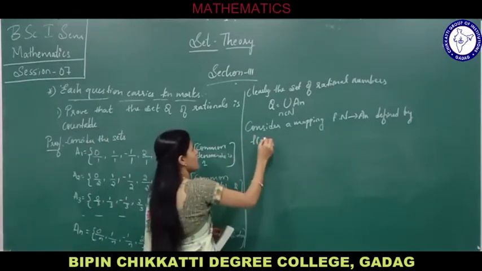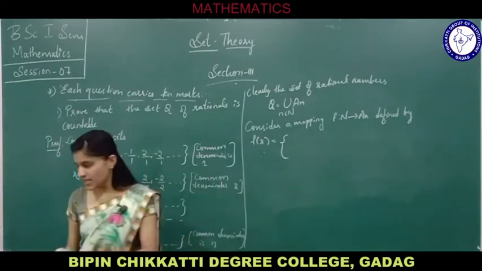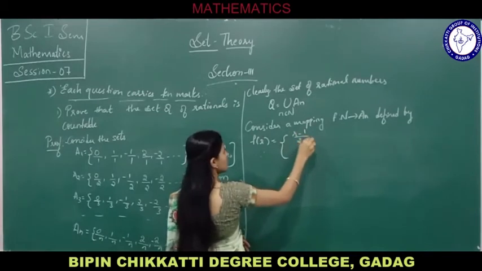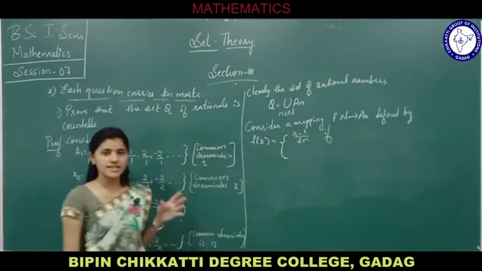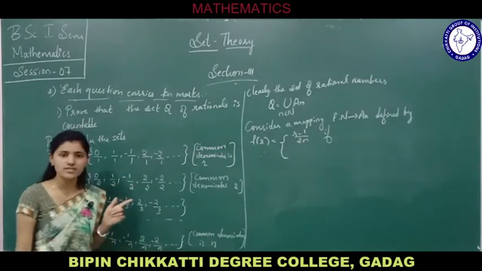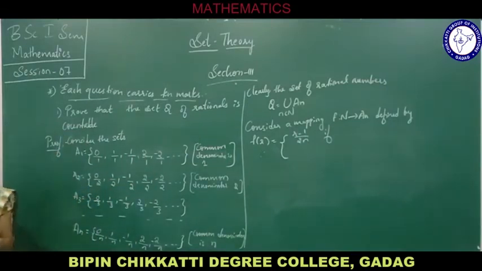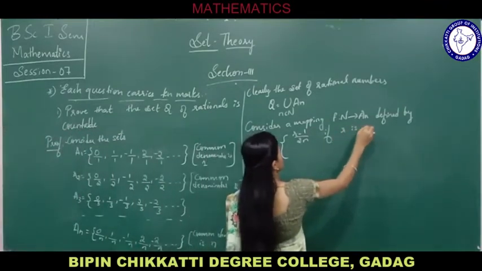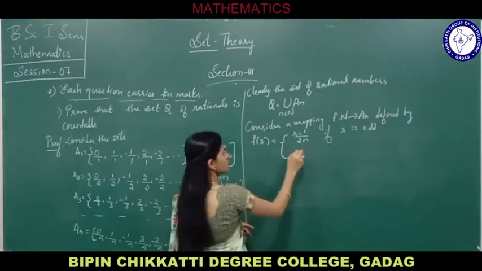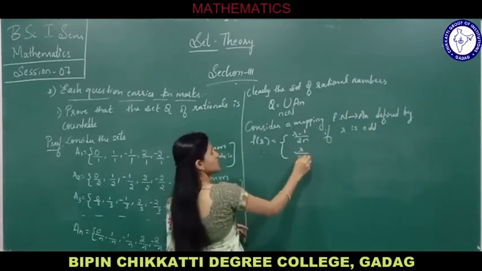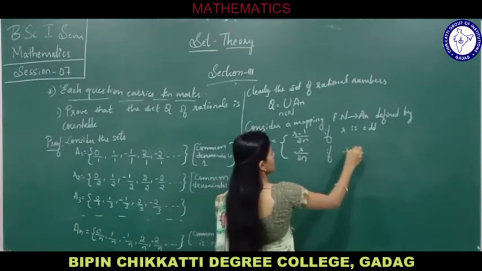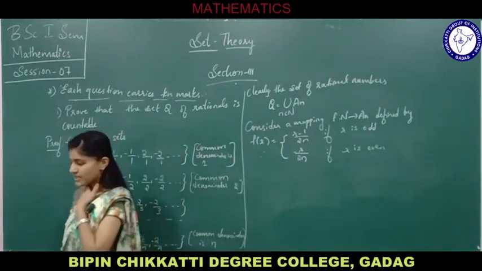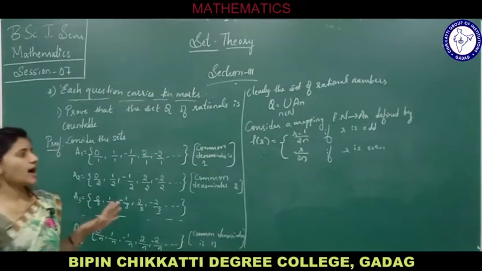How? f of r will be (r minus 1) by 2n if r is odd, else it is going to be minus r divided by 2n if r is even.